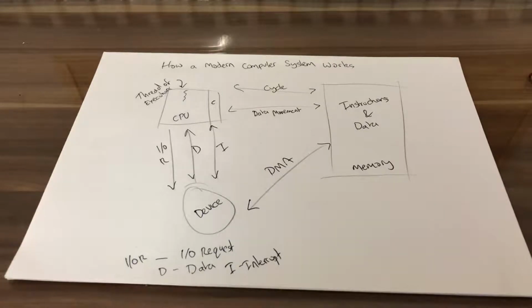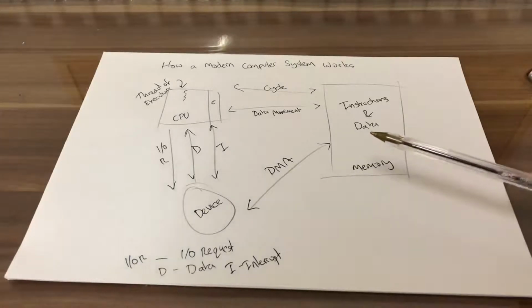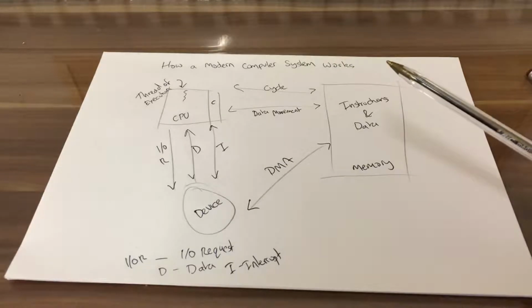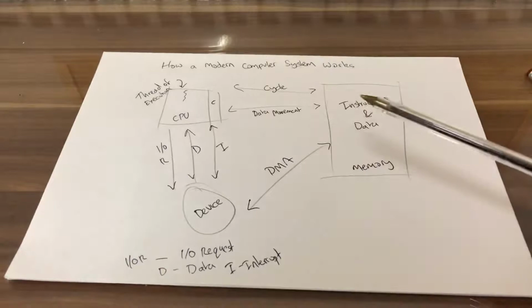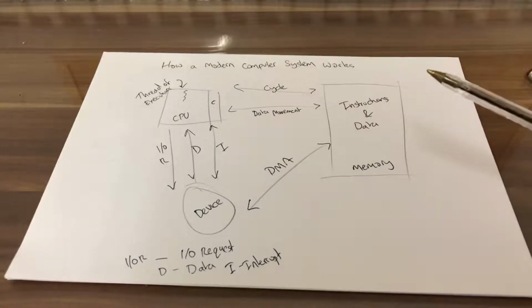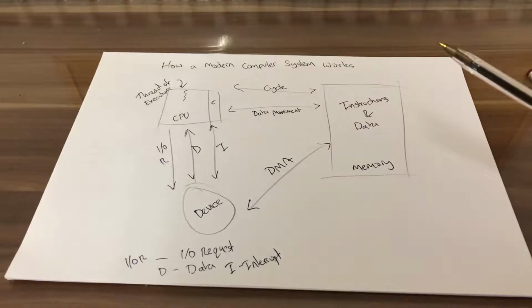A device controller maintains some local buffer storage and a set of special purpose registers. The device controller is responsible for moving all the data between the peripheral devices that it controls and its local buffer storage.